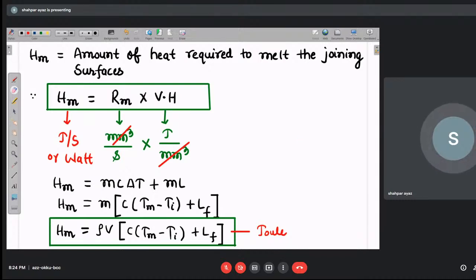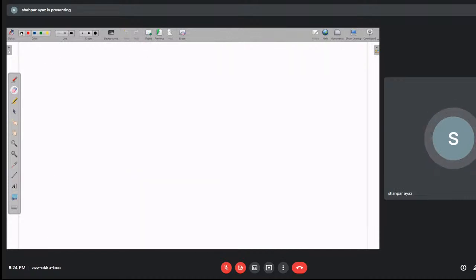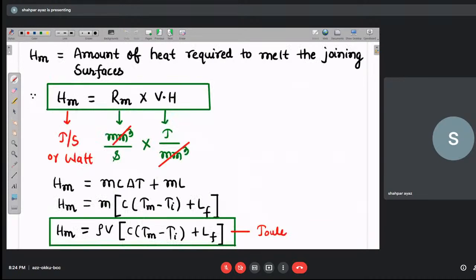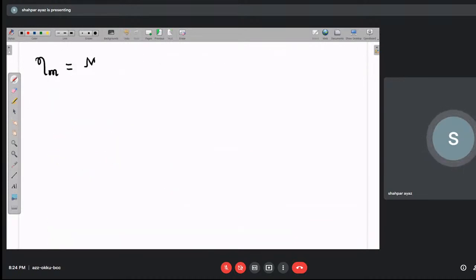Now, guys, one more efficiency is defined here. That is called your melting efficiency. It is also called welding efficiency sometimes.